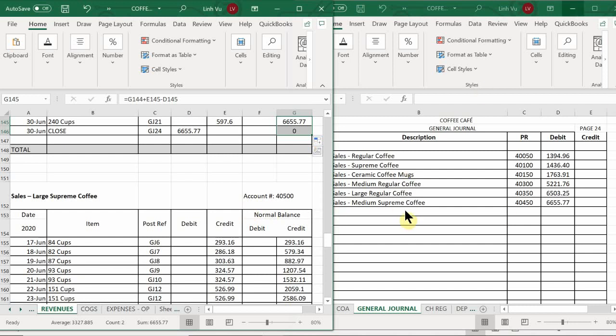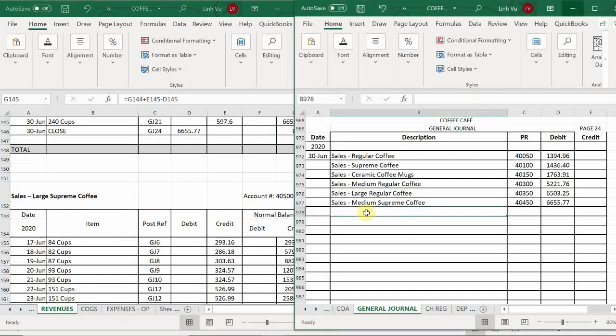Next account we have is our sales for the large Supreme Coffee. Account number 40500. Okay.